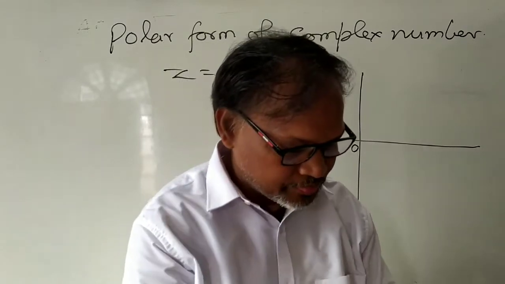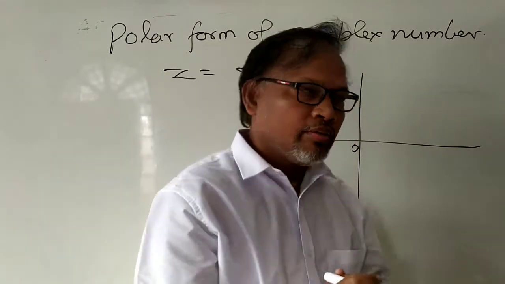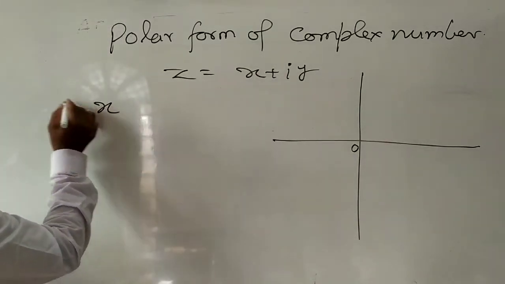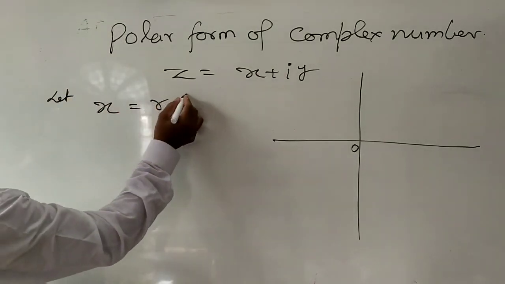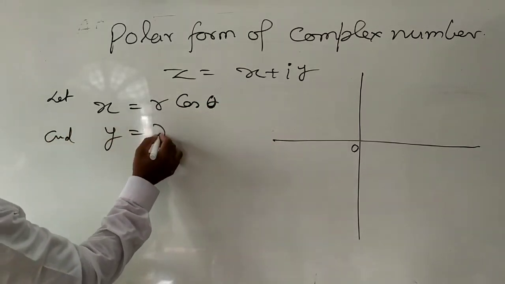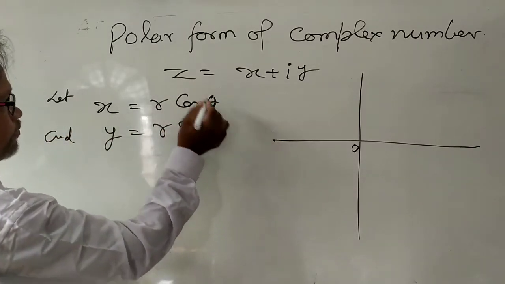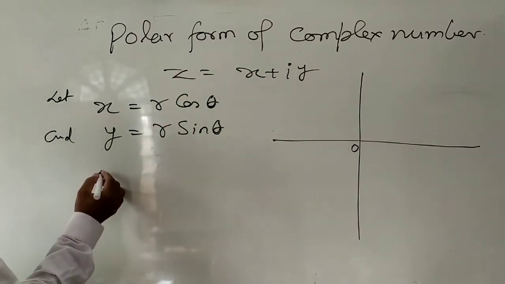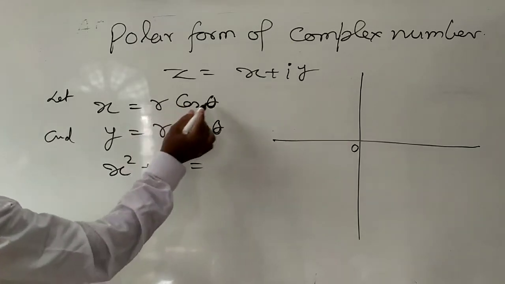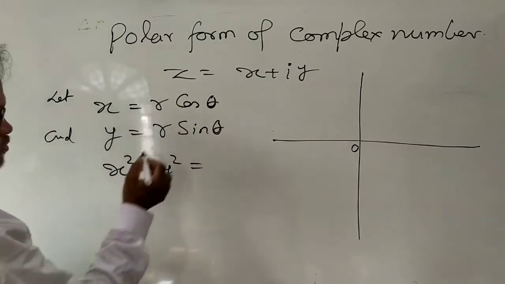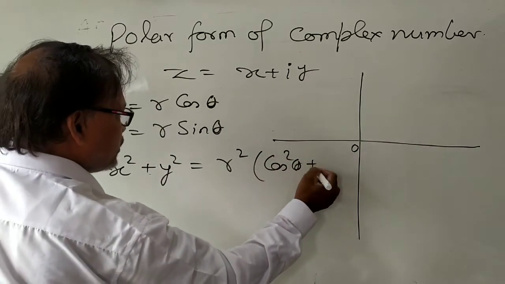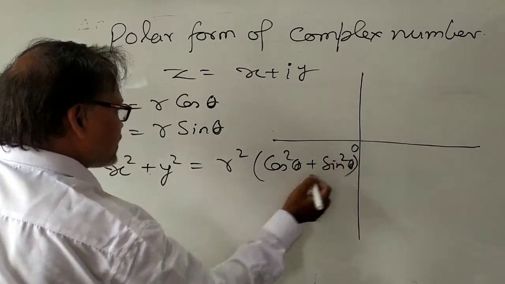First of all, we will let x is equal to r cos theta and y is equal to r sin theta in this case. Then square these two, you will get r square cos square theta, r square sin square theta, and add, so you will have cos square theta plus sin square theta.